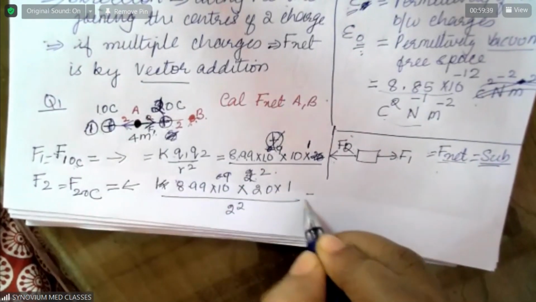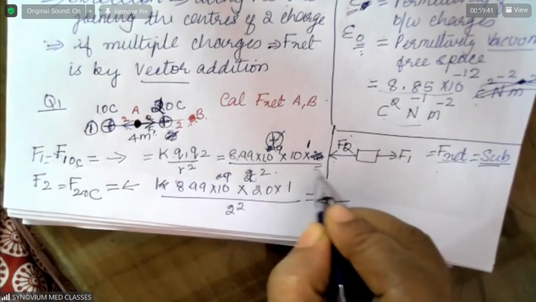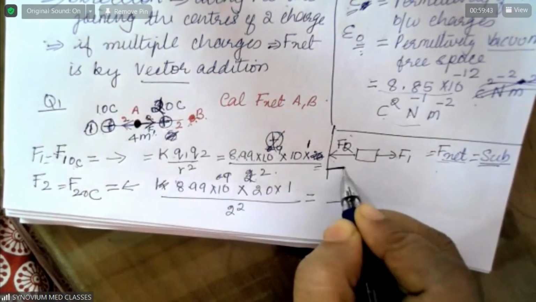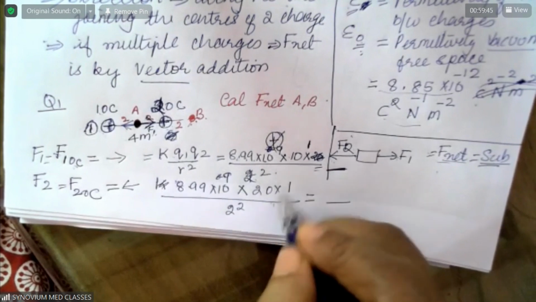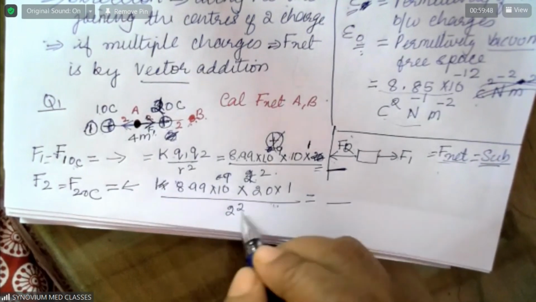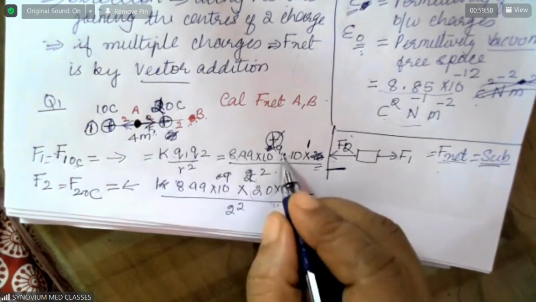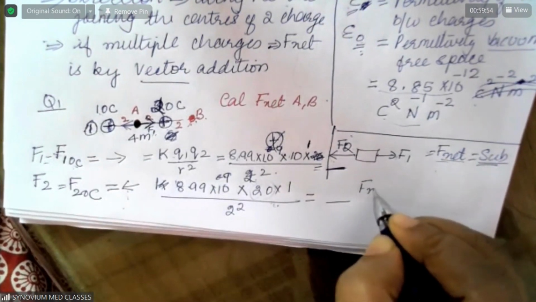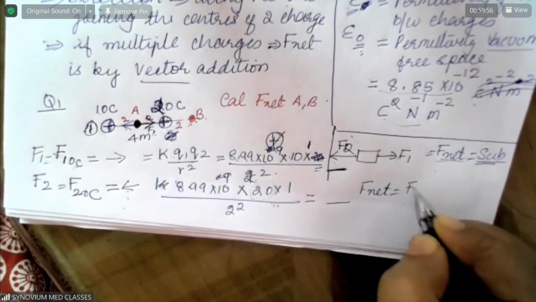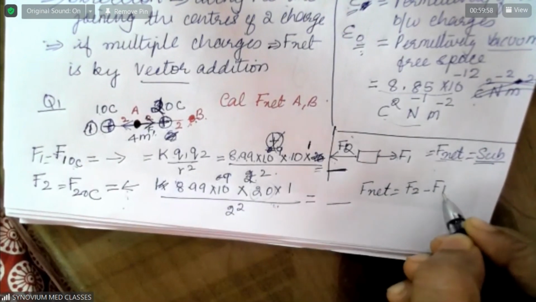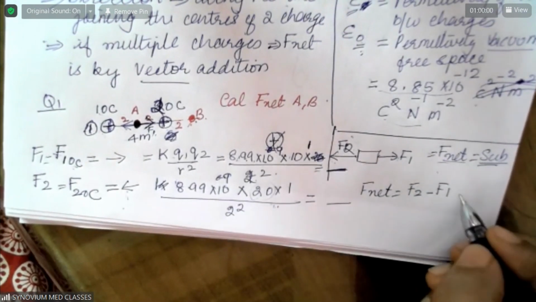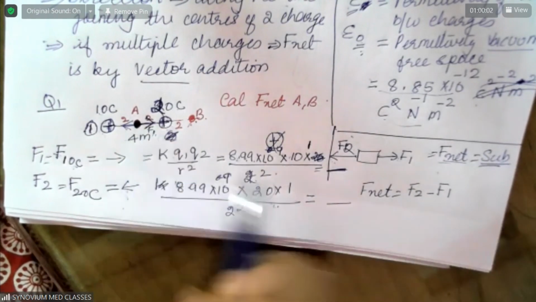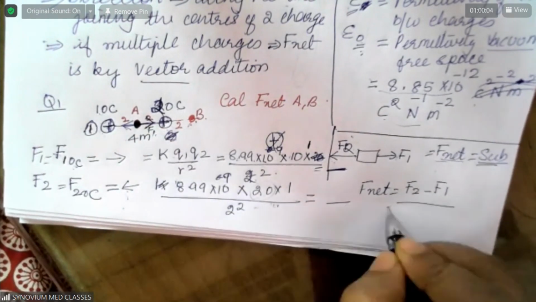Now you will get an answer for this, and for this. Now what is the net force? You know that this is bigger than that one. Since they are in the opposite direction, the net force is equal to F2 minus F1, and the direction will be in the direction of the bigger one.